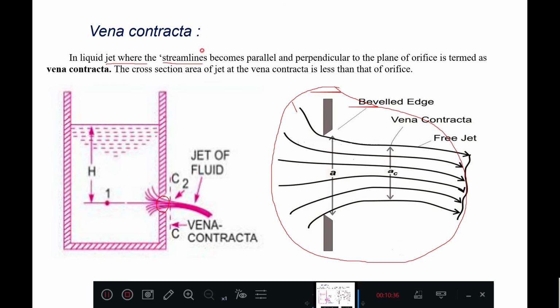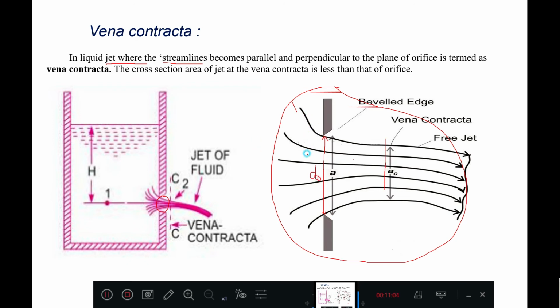So the streamlines become parallel to each other and perpendicular to the plane of the orifice, and this is termed the vena contracta. And the cross section area of the jet at the vena contracta is less than that of the orifice. This is the original size, the diameter of the orifice. You can call it DO.